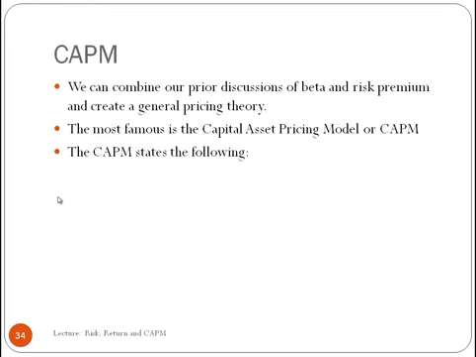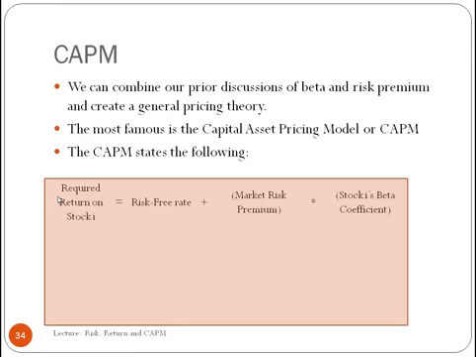And the CAPM states the following. The required return on stock i, the ith stock of the portfolio, is equal to the risk-free rate plus the market risk premium times stock i's beta coefficient.